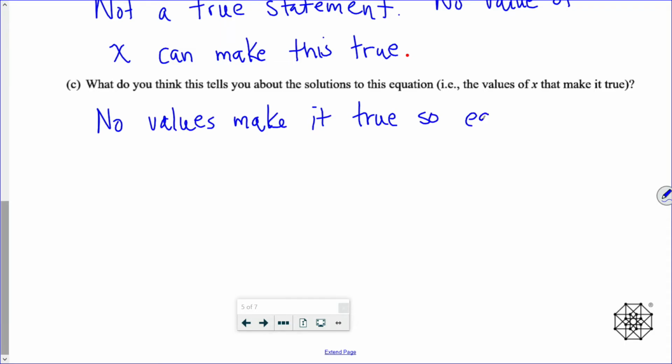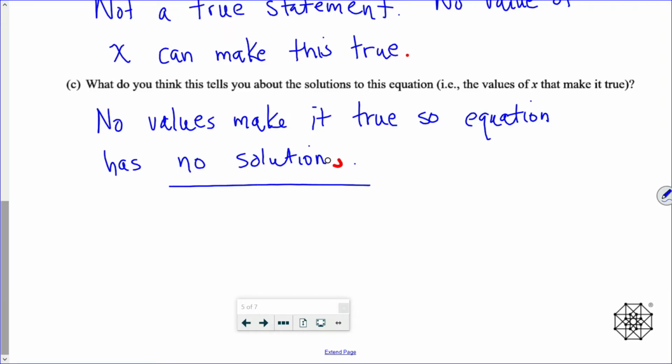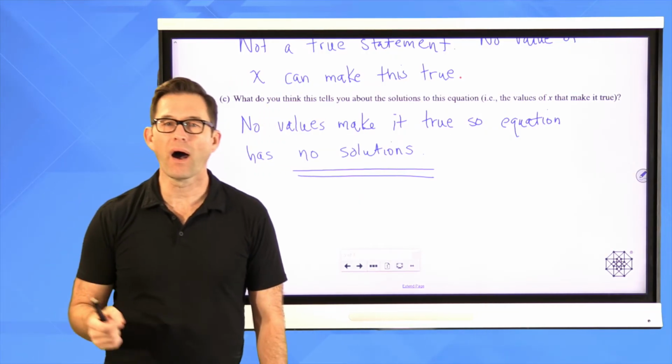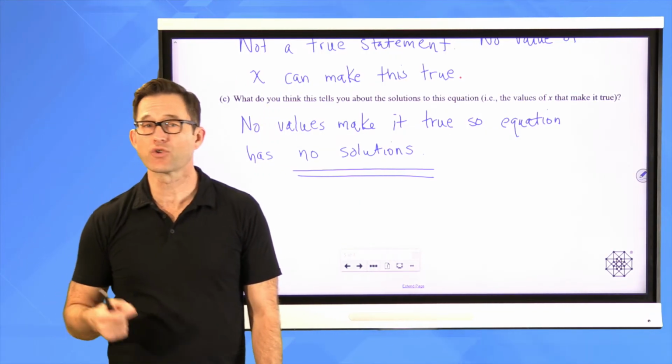So, this equation has no solutions. And that happens sometimes. Sometimes, absolutely no value of x can possibly make an equation true.